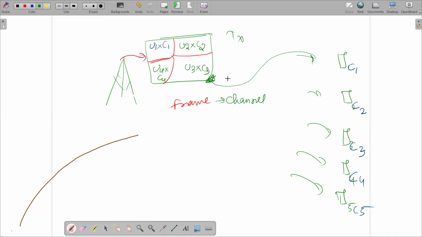How will it search? Its code is one. It checks, is my data transmitted in this area? No, because the code is three.